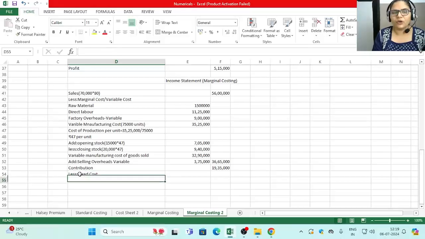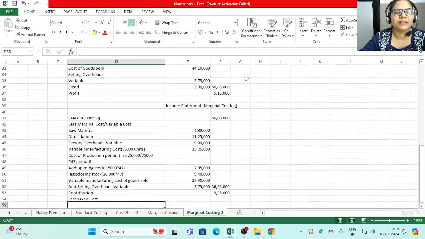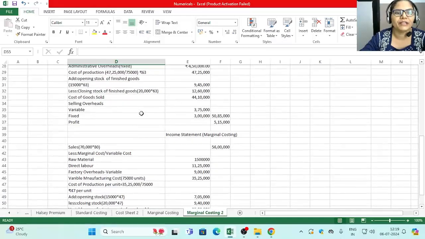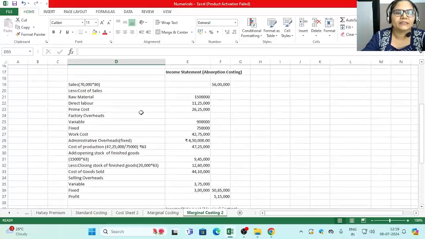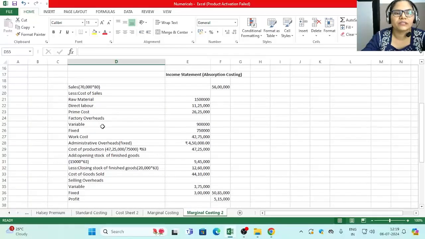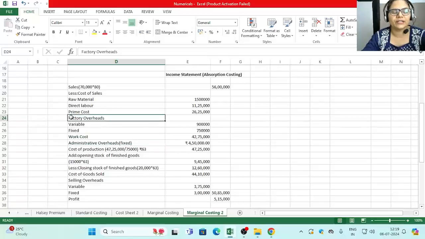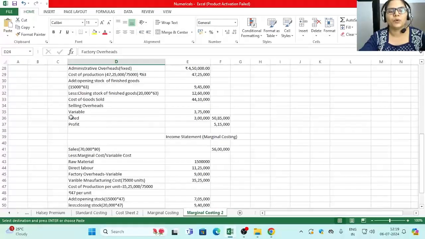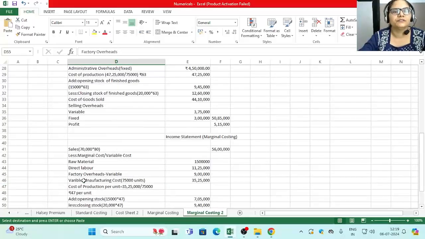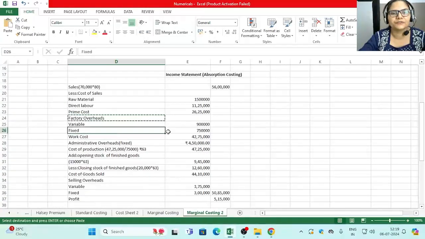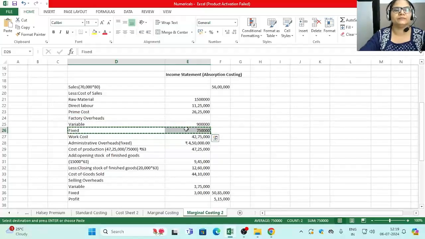Fixed cost, we all know fixed costs have already been given in the question. They don't change with the change in output. So definitely we will copy them as it is. First fixed cost is given of factory overheads. So let us copy it here. Factory overheads, that is fixed 75,000.